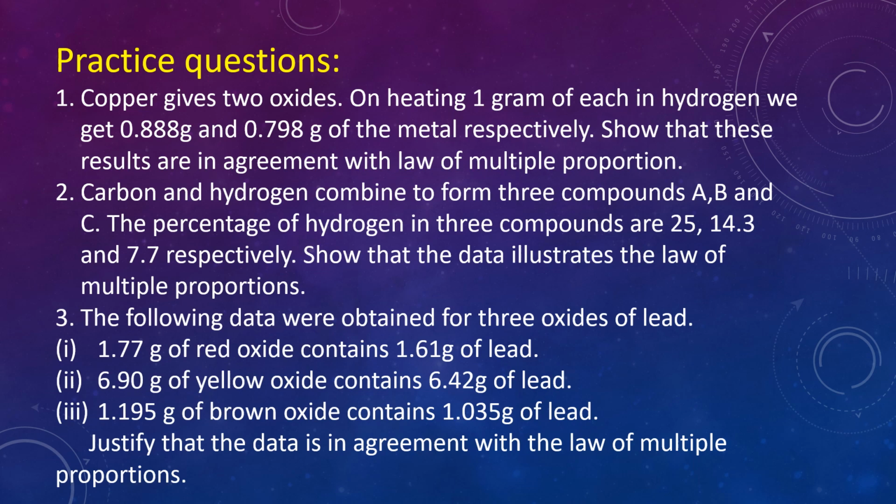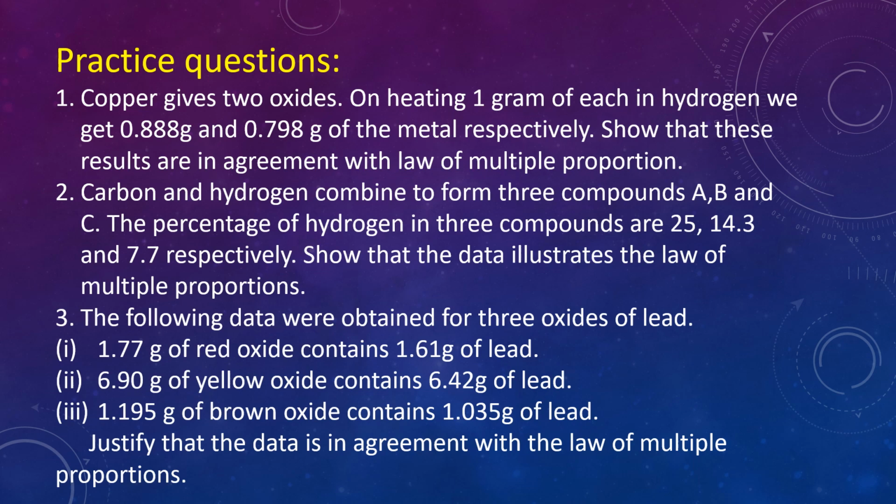Now the second question is: carbon and hydrogen combine to form three compounds A, B and C. And here the percentage of hydrogen is 25, 14.3 and 7.7 respectively. Show that the data illustrates the law of multiple proportion. Now again, this is very simple. The percentage of hydrogen in all three compounds is given, and you can find out the percentage of carbon: 100 minus 25, 100 minus 14.3 and 100 minus 7.7.